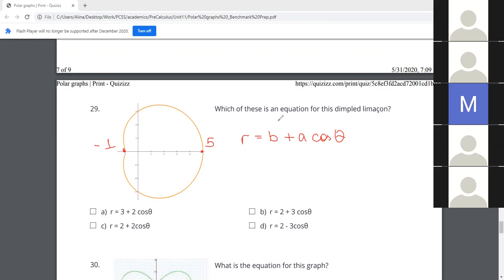We know B has to be bigger than A, the sum of the numbers has to be 5, and the difference has to be -1.